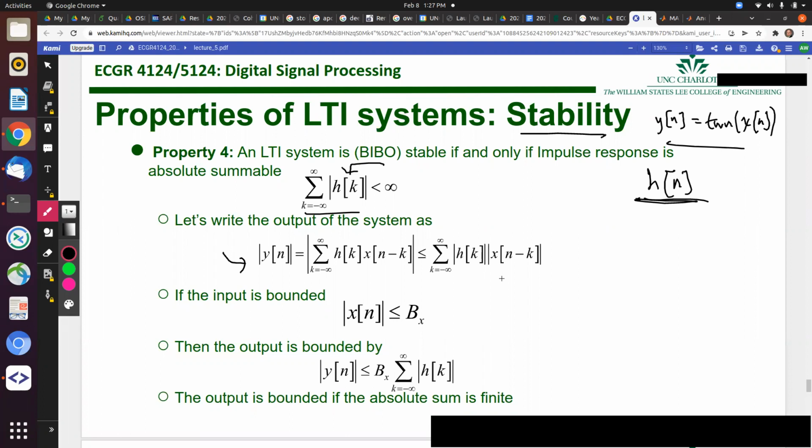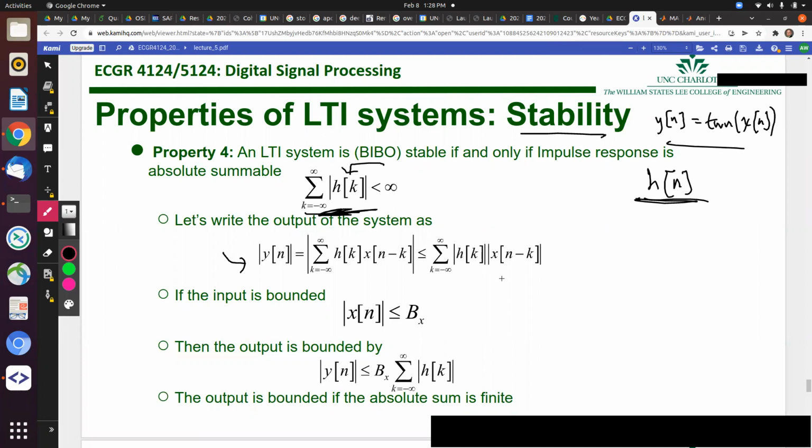Now, if you have H and you want to know whether it's stable, you can look at whether or not it's absolutely summable. Is the sum of the magnitudes of its values less than infinity? If that property is satisfied, it is stable. And this is why.